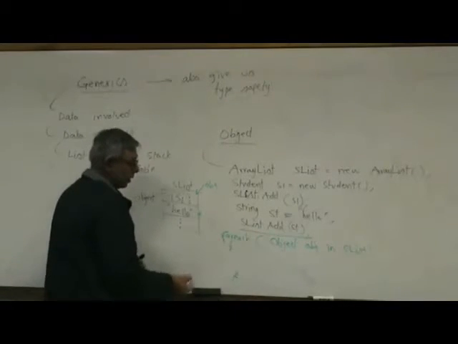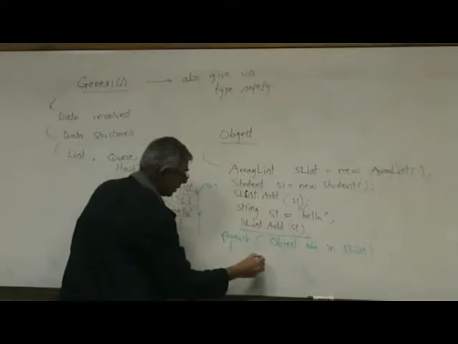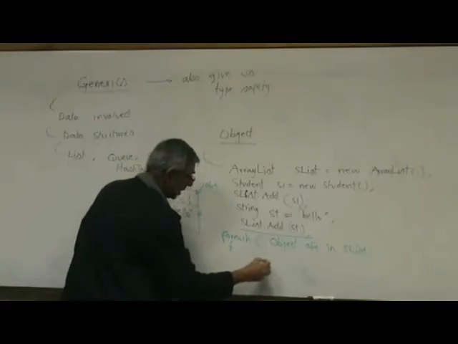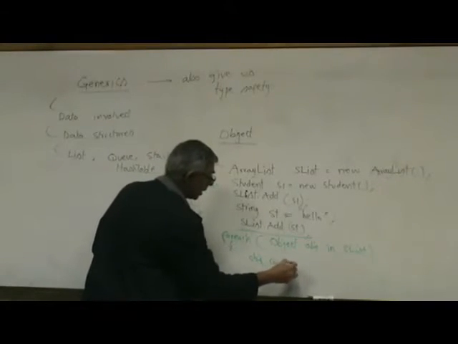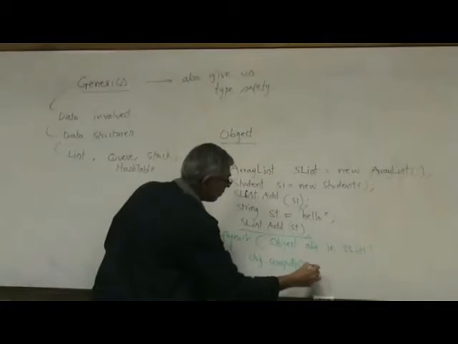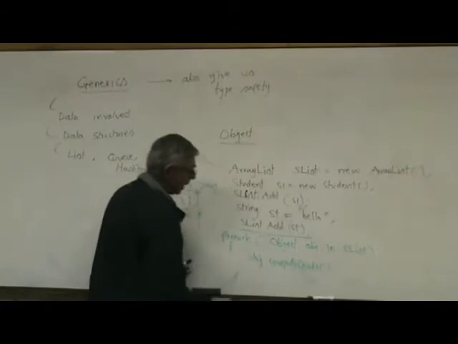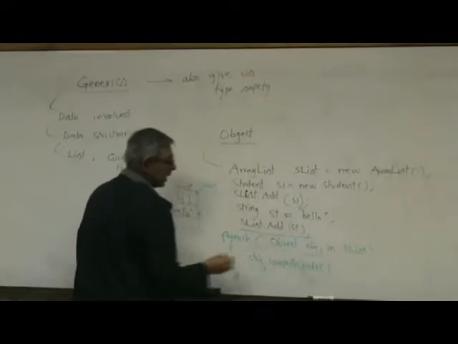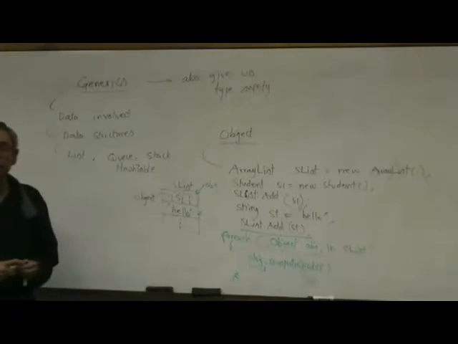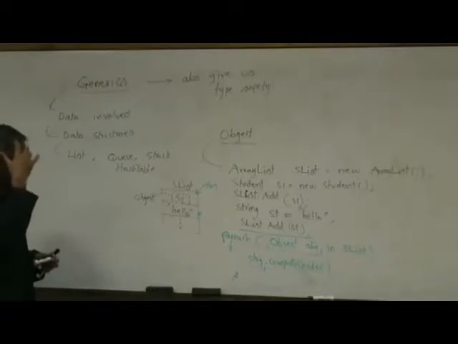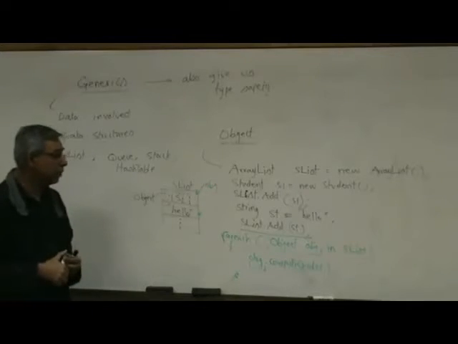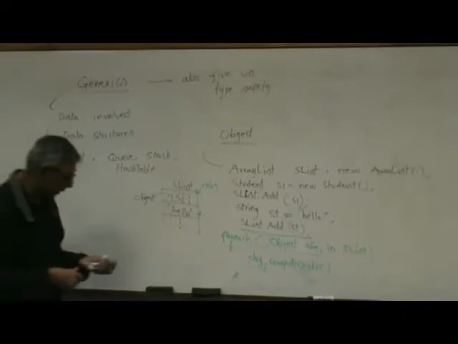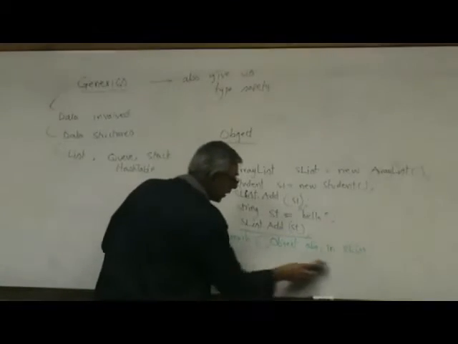Can we now do obj.computeGrade? Will it work? No. The reason it won't work is this code won't even compile, because what type is obj? Object. The Object class does not have a computeGrade method, so the compiler won't even let us run the program. So what's the solution, if you recall?